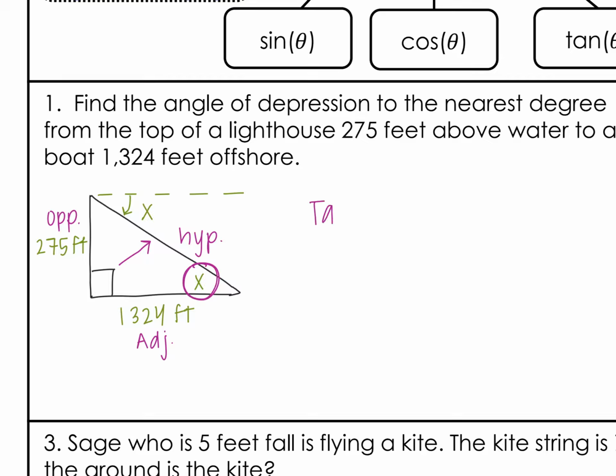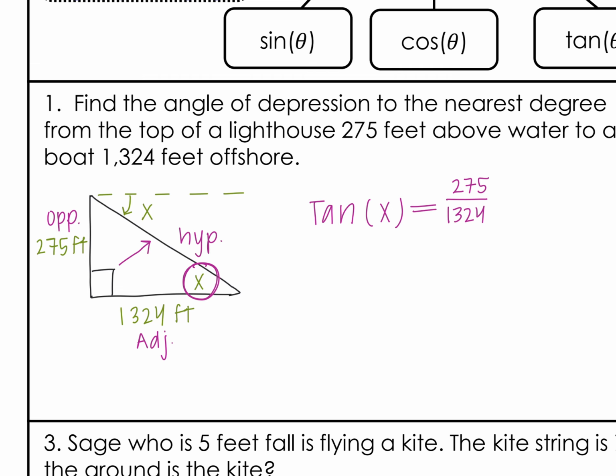So we'll have tangent of my angle is going to be equal to my opposite over my adjacent. All right, so this right here is what we are going to be showing for our work.